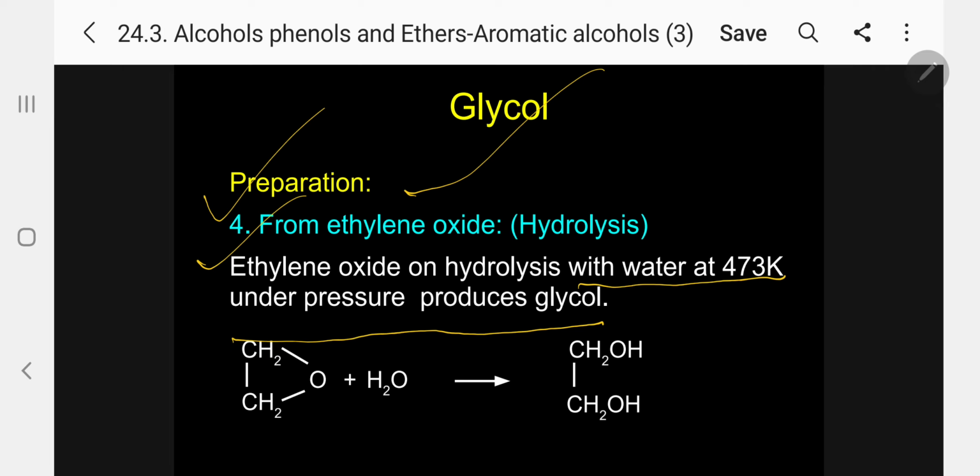Kindly follow. What is happening now? The cyclic ether breaks by heterolytic fission, and both sides add to give glycol. Kindly follow the simple mechanism.